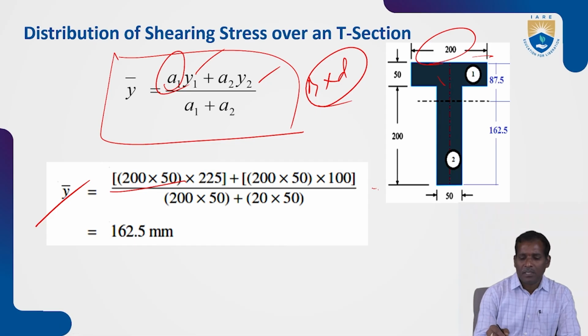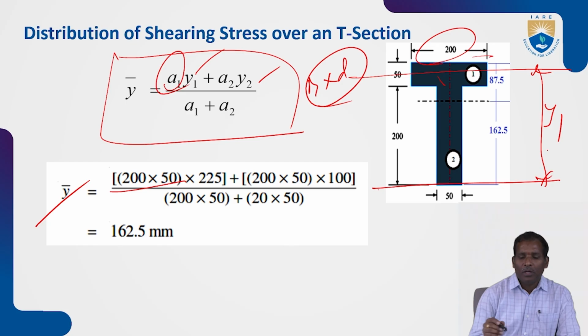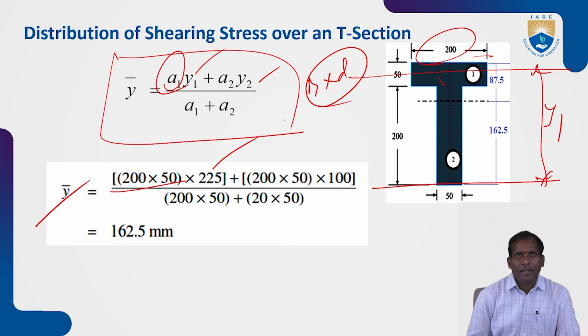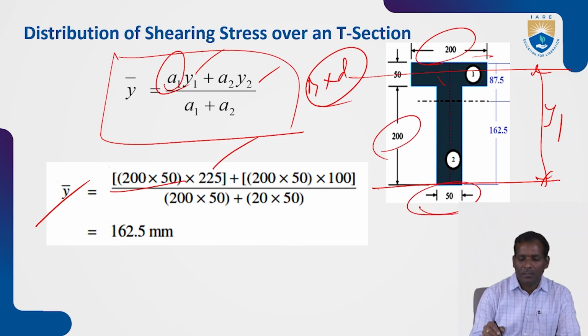Why? Because the distance of the section from here to here is y1. So 200 plus 50 by 2, 25, so 225. And similarly A2, 200 multiplied by this section.